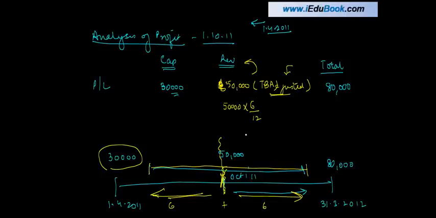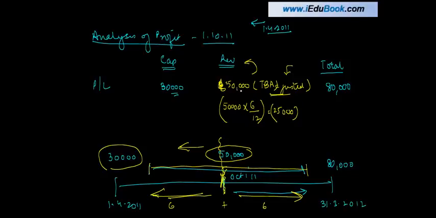12 months. So the assumption is that unless anything else is given, this profit is earned equally or evenly during the entire year. So 50,000 into 6 by 12 is the profit which belongs to the period prior to the acquisition, and hence is a capital profit. This will give you 25,000.